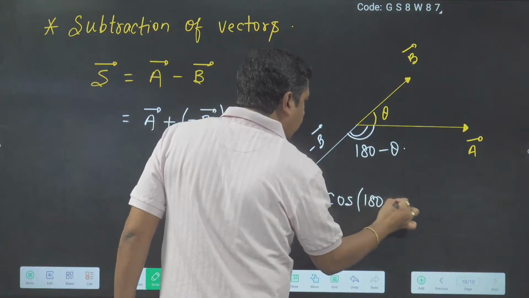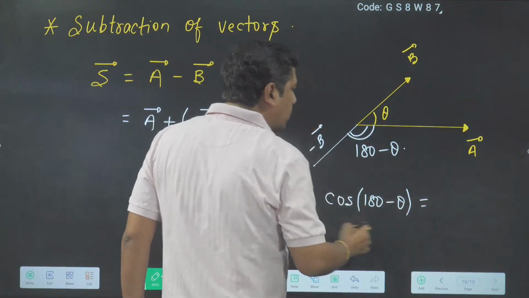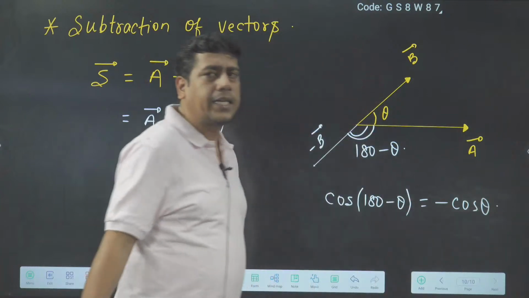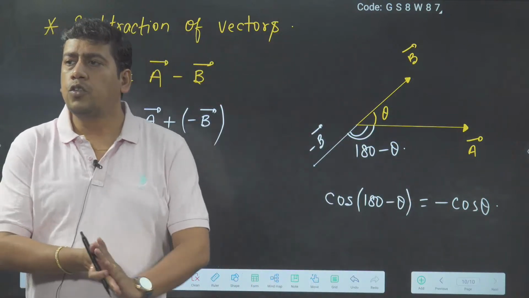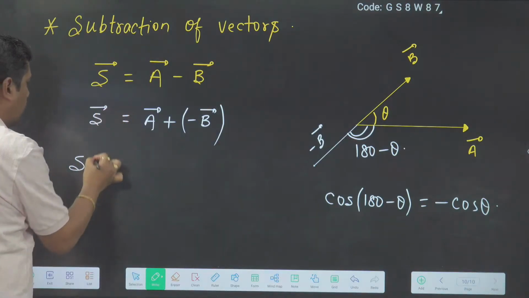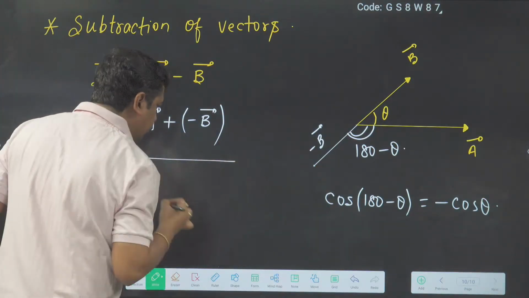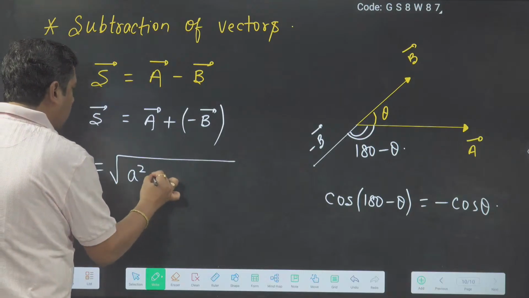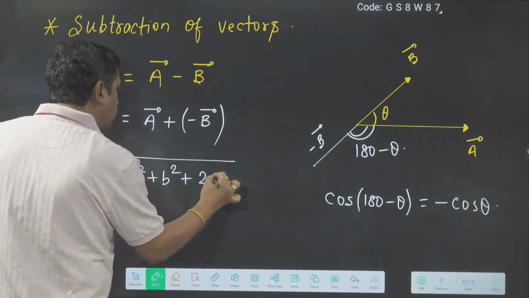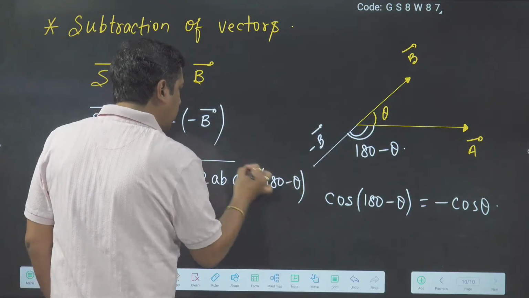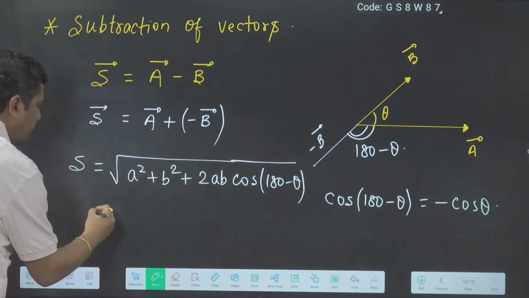Let me tell you again, you have already done this in trigonometry class. Cos 180 minus theta is minus cos theta. So the magnitude of the resultant is the square root of A square plus B square plus 2AB cos of 180 minus theta.